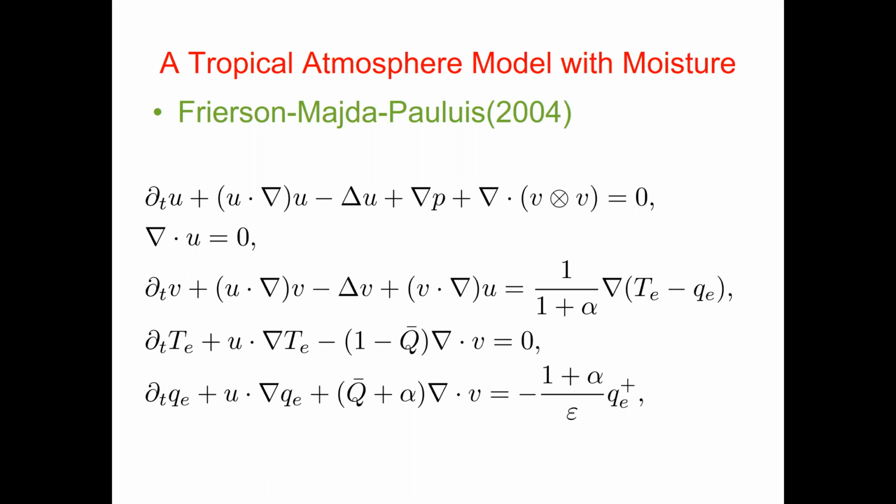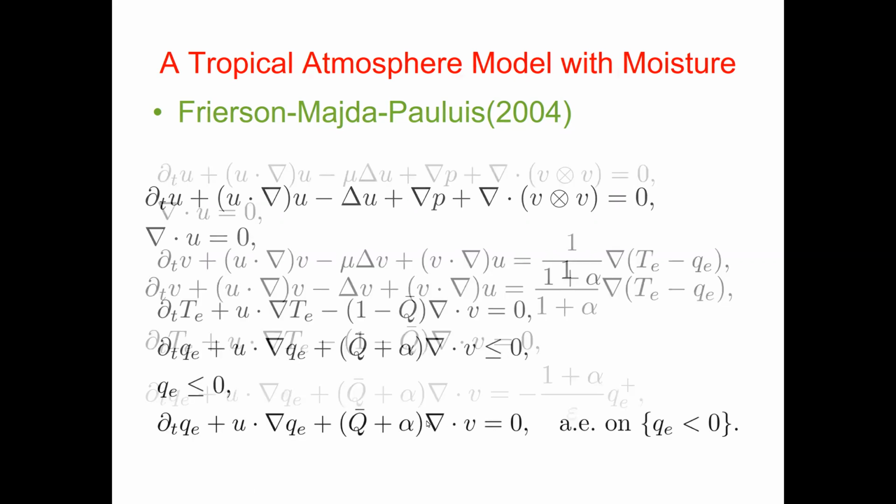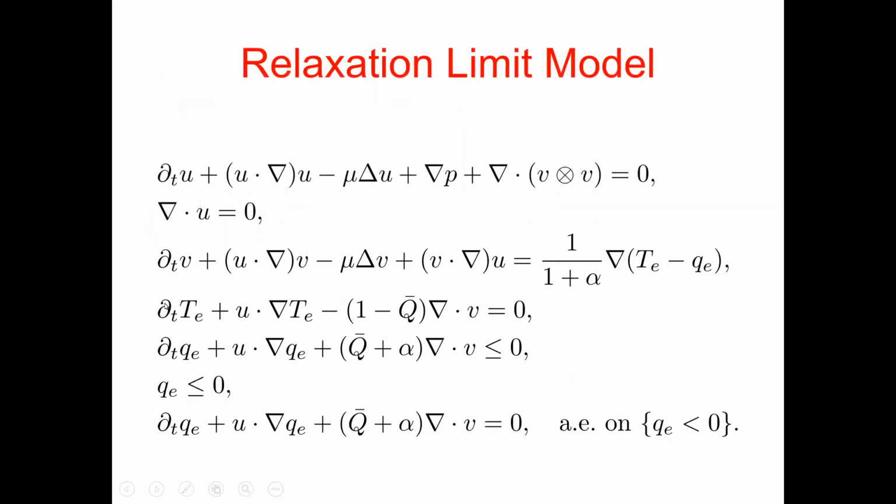All right, so what happens now? Notice that the right-hand side is always non-positive. And therefore, without much effort, as epsilon goes to zero, because the right-hand side is non-positive, at the limit you get basically not a differential equation, but a differential inequality, when QE is less than or equal to zero.